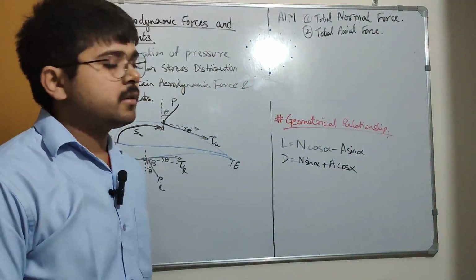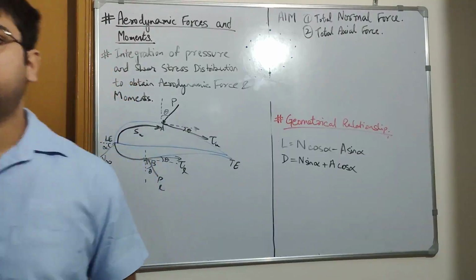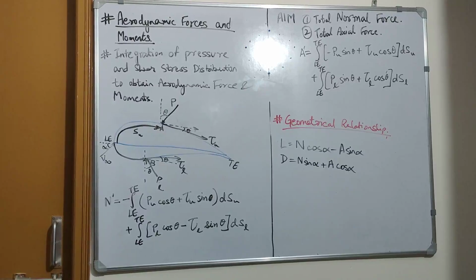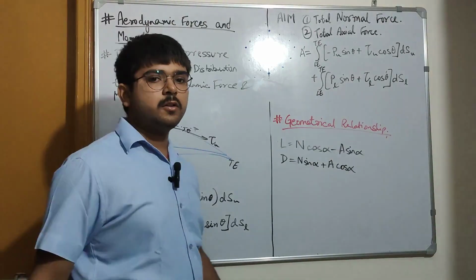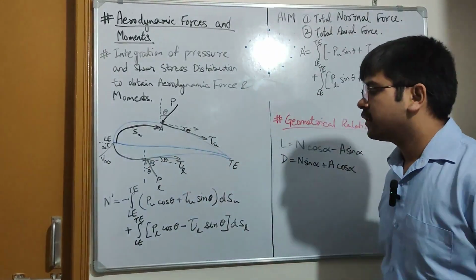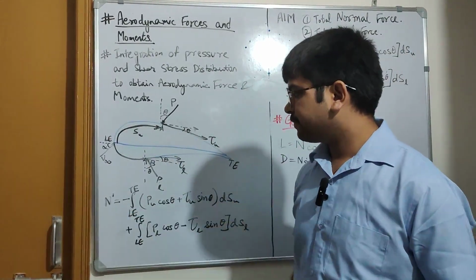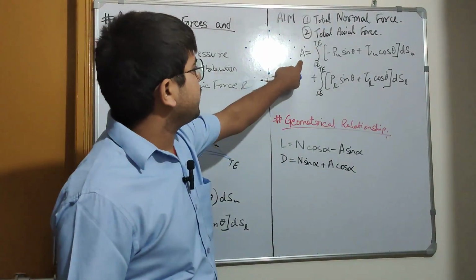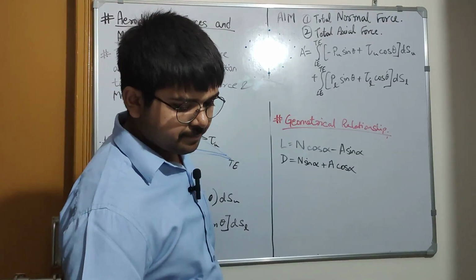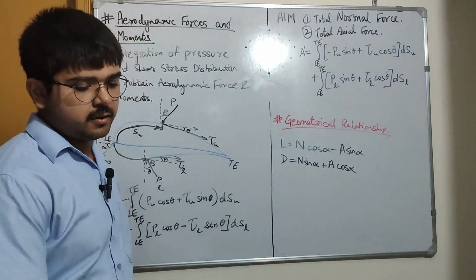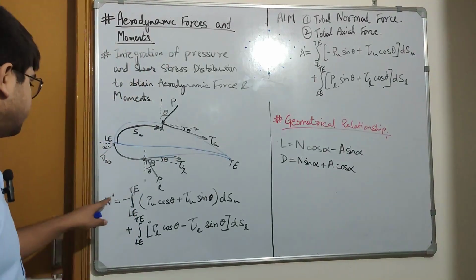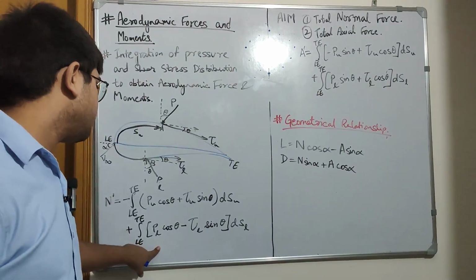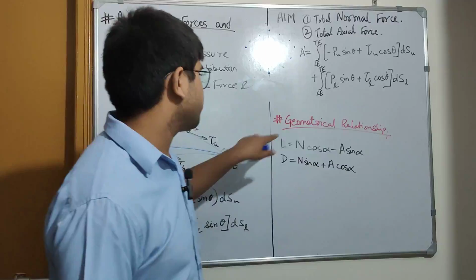This is our aim. So now I have written two equations here. This is normal force here, and we have an axial force here. The dash or prime means that this is per unit span. These two equations are per unit span.